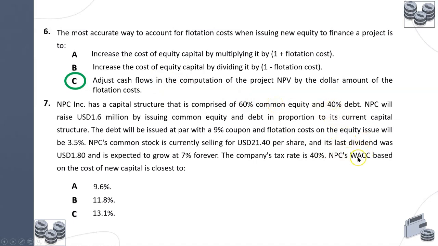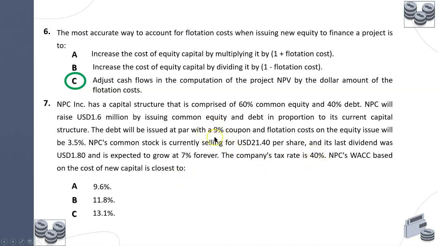When you hear the word weighted average, the weight of debt is 40% and the weight of equity 60%. We will multiply the 60% weight of equity by the cost of equity, and we will multiply the 40% weight of debt by the after-tax cost of debt, which is 9% times 1 minus t.